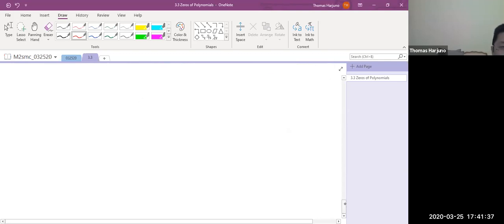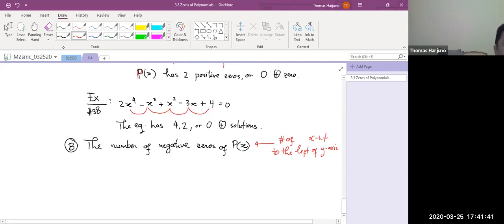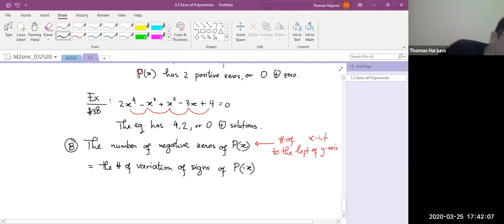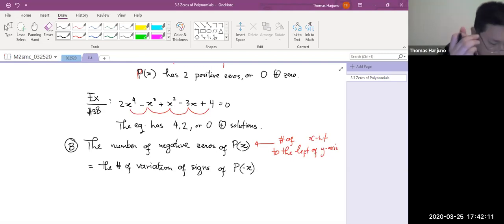Now, the number of negative zeros of a polynomial is equal to the number of variations of signs of P(negative x). Basically, what Mr. Descartes did at that time, he reflected the graph of this polynomial with respect to the y-axis by replacing x by negative x and saw how many times the sign changes in the resulting new polynomial.